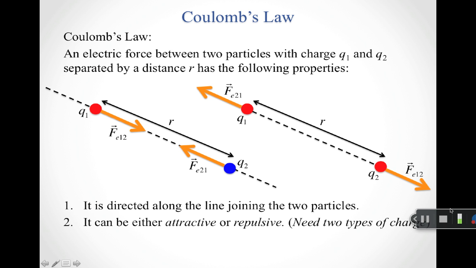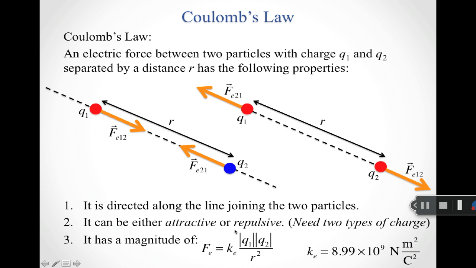The second part is that the force can be either attractive or repulsive based on whether those 2 charges are the same or different. And as we've talked about before, this is why we need 2 types of charge. It takes 2 types of charge, which we have simply labeled positive and negative, to explain a single force that is both attractive and repulsive.